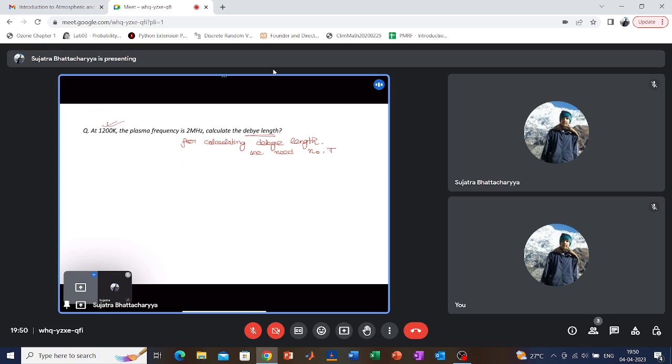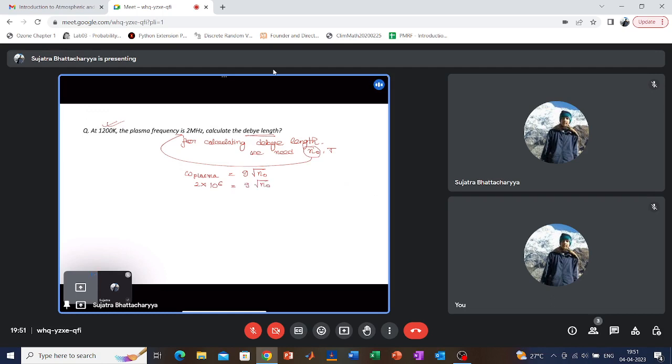Now it is better to calculate all those other parameters which are constant. That will be helpful. So n naught is not given, so I will take it from this. Therefore omega plasma is 9 root n naught, right? Now this is given to be 2 megahertz, that is 2 into 10 to the power 6 hertz, 9 root n naught.